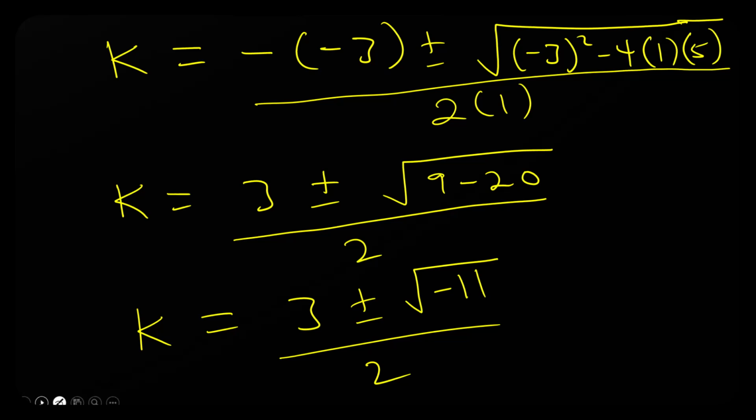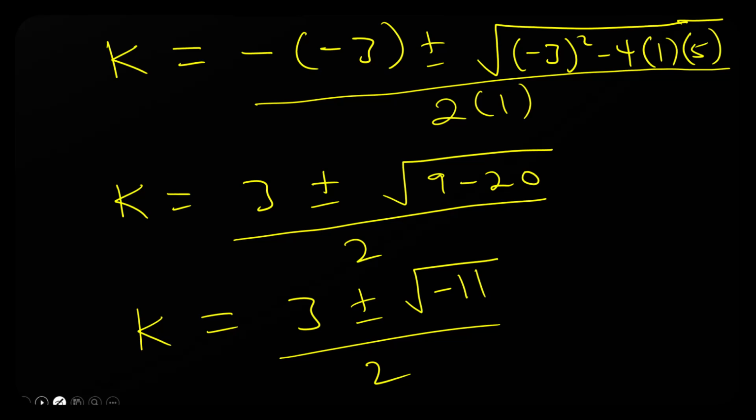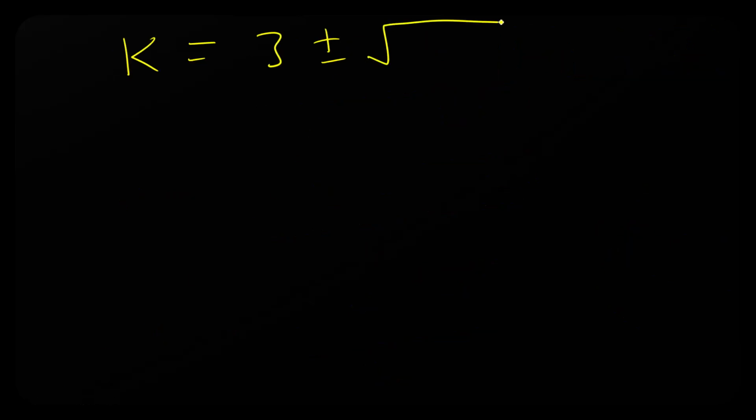So we have K equals to 3 plus or minus. Now let's understand complex numbers here. So square root of minus 1 is the same as i, and i squared is the same as minus 1. So from here we can say 11 times minus 1 on 2.